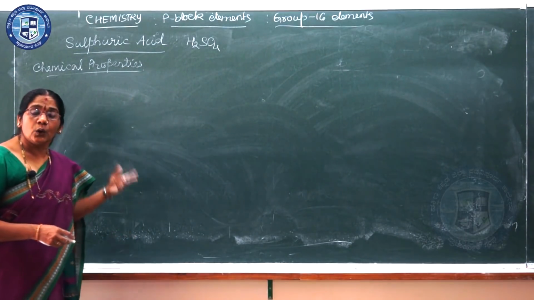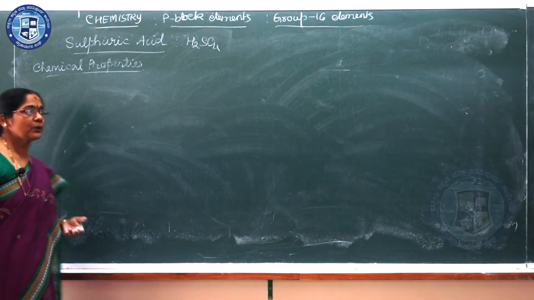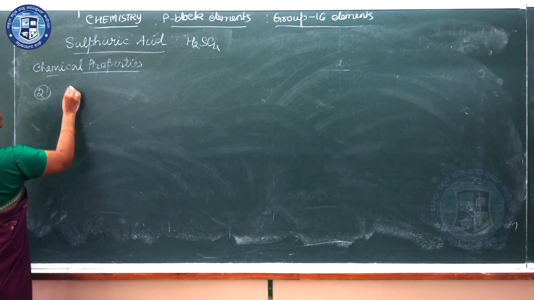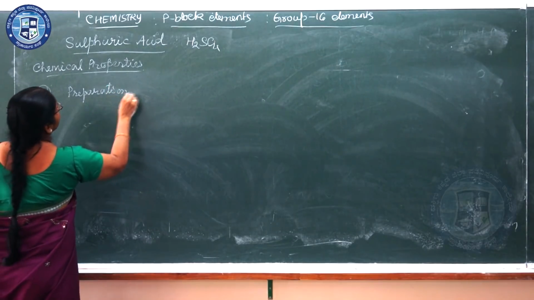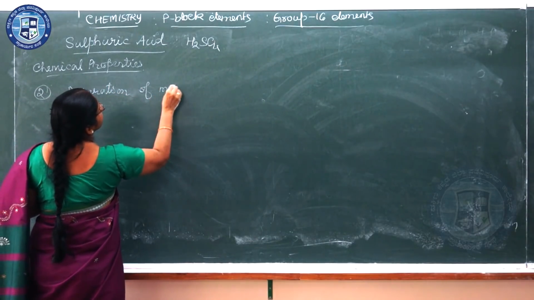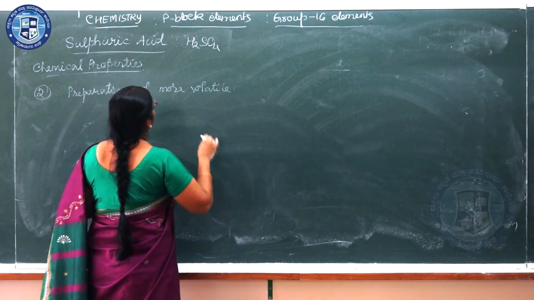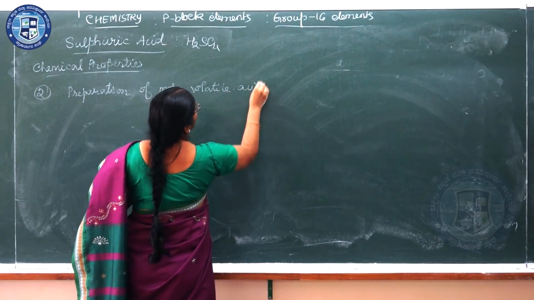The property of low volatility or high boiling point of sulfuric acid is made use of in the preparation of more volatile acids, which have a low boiling point, early boiling, more volatile acid.